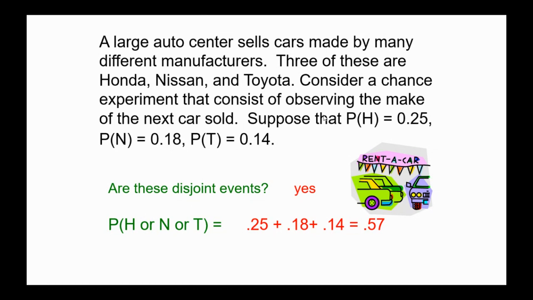Okay, now, how would I find the probability of selling neither of these? None of these. So, not Honda or Toyota or Nissan. 1 minus 0.57, good.